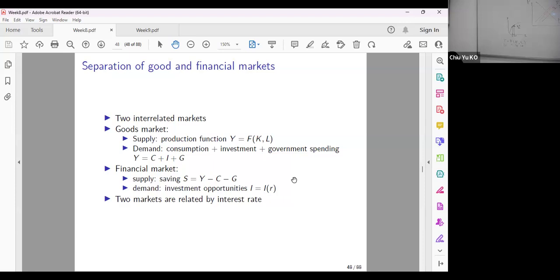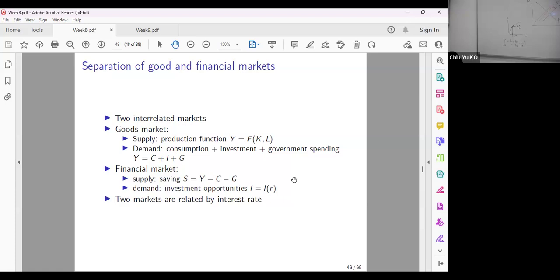And the financial market, okay, consists of two parts, okay? Saving is what? It comes from your output, net of your consumption and government spending, right? What is not used is called saving, right? The money, people have the money, and you don't spend it, the government doesn't spend it, it must be saved, right? You put it in the bank, right?